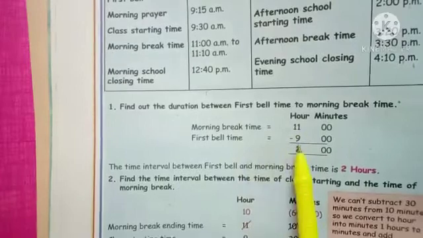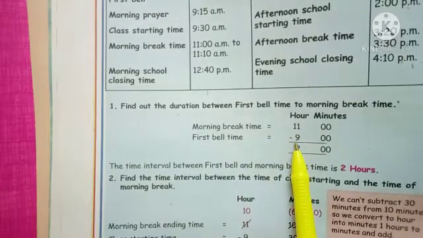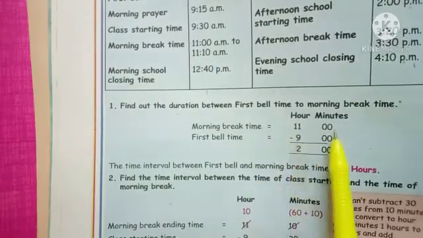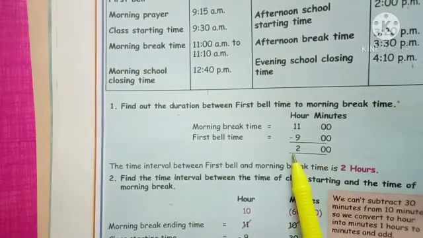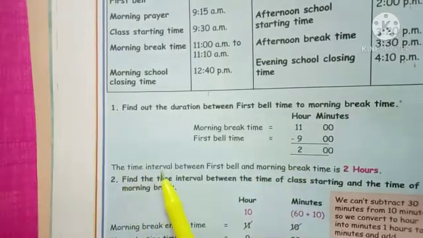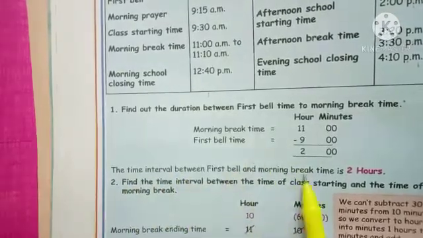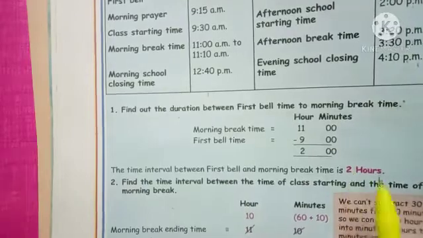Then do subtraction. It is easy to find how many hours are in between. So 2 hours. The time interval between first bell and morning break time is 2 hours.